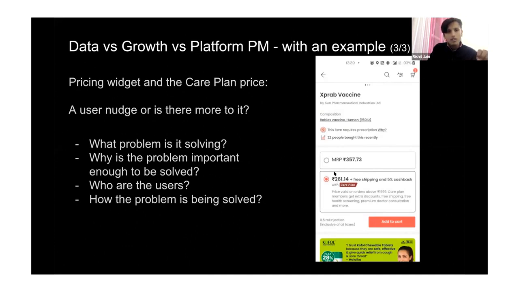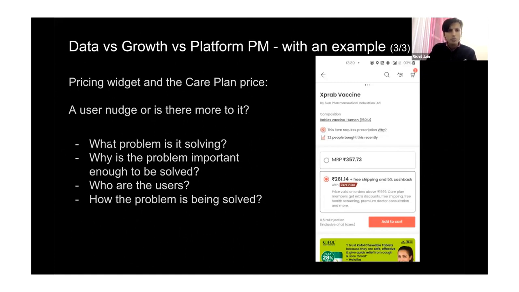And as a PM who takes care of growth for the care plan, which is a subscription program, this becomes very important because what they've now tried to give here is an intuitive comparison and a nudge for the user to click. Typical metrics that the growth PMs would look at is funnel optimization, transactions, revenue numbers, ARRs, which is annual recurring revenue, monthly recurring revenue, engagement on the platform.